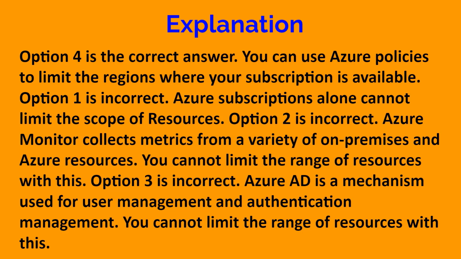Option 1 is incorrect. Azure subscriptions alone cannot limit the scope of resources. Option 2 is incorrect. Azure Monitor collects metrics from a variety of on-premises and Azure resources. You cannot limit the range of resources with this. Option 3 is incorrect. Azure AD is a mechanism used for user management and authentication management. You cannot limit the range of resources with this.